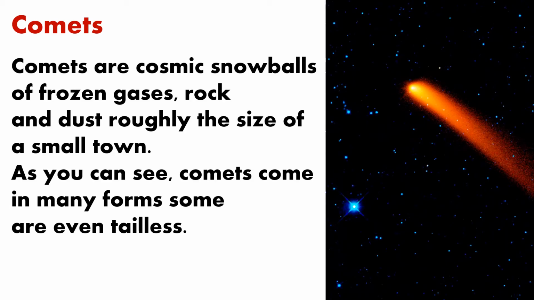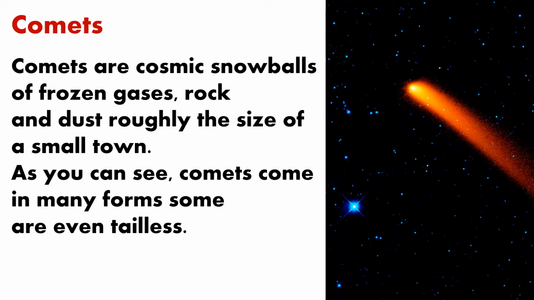Okay, so what is a comet? Comets are cosmic snowballs of frozen gases, rocks, and dust roughly the size of a small town. So, as you can see, comets come in many forms. Some are even tailless. This is usually what you can observe at night, especially when the weather is good.